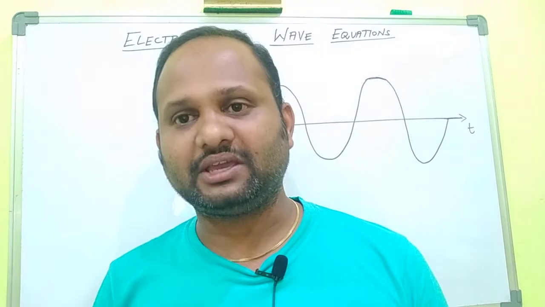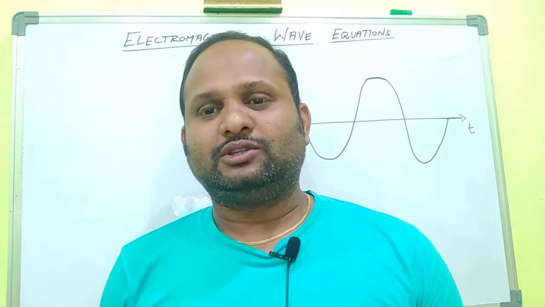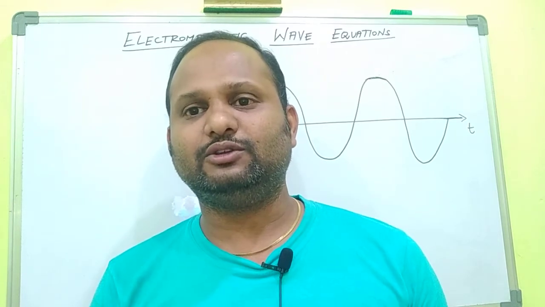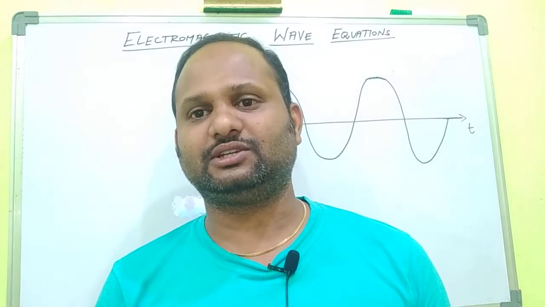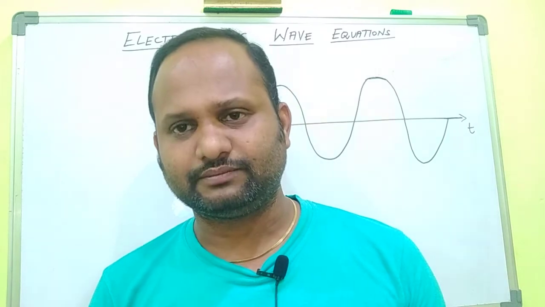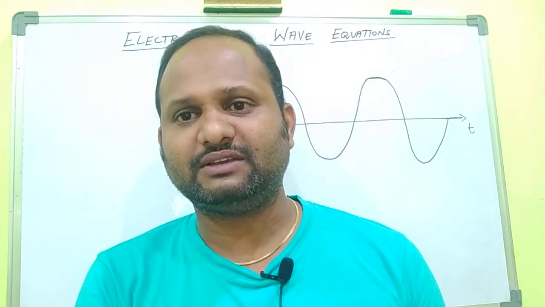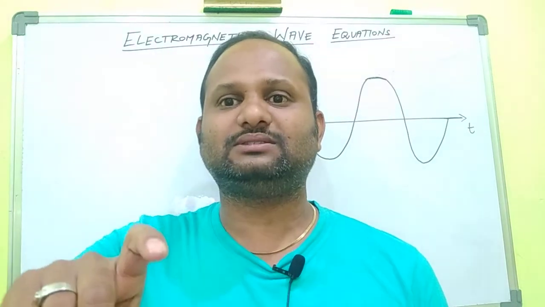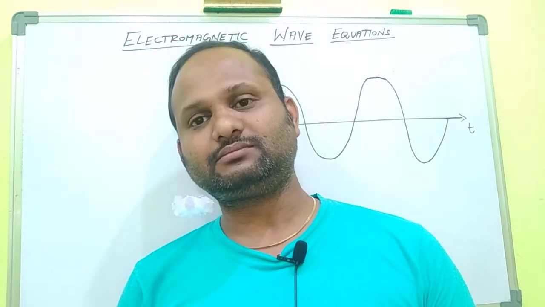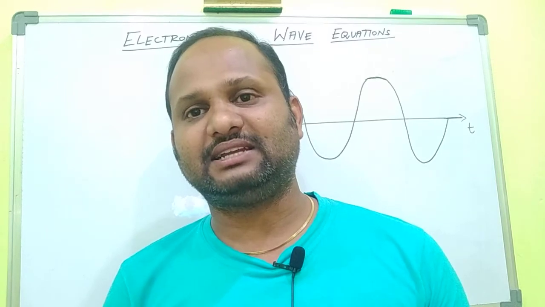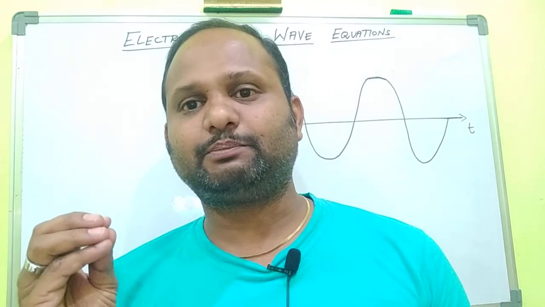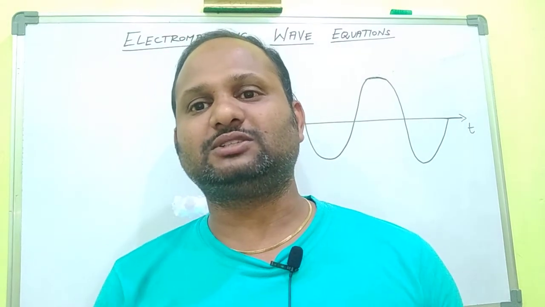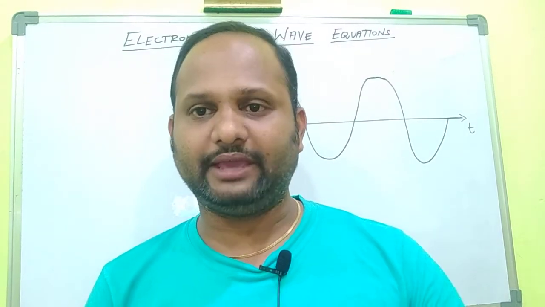That is the beauty. Due to these electromagnetic radiations, we can use wireless communications, etc. There are a large number of applications. So what is the source of electromagnetic waves? Oscillating charges, otherwise known as accelerating charges. When charges are accelerated, electromagnetic waves are produced. So an accelerated charge is the source of electromagnetic waves.